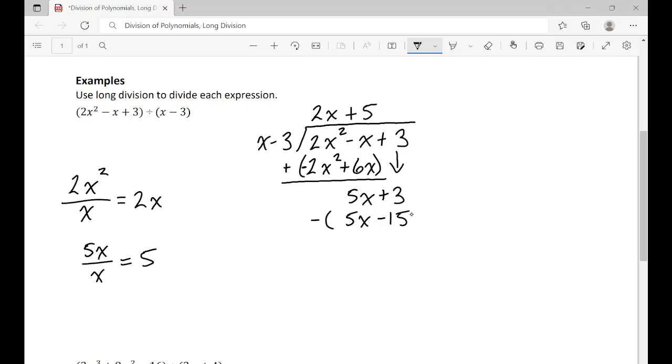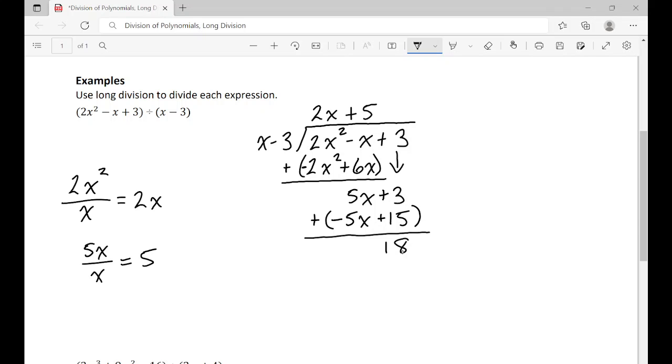And we're going to subtract, put parentheses in here. And another way to make this a little bit simpler is I'm just going to change this from a minus to a plus, and then change all the signs in here. So a positive 5x becomes a negative 5x, and a negative 15 becomes a positive 15. So 5x plus negative 5x is 0, so let's leave it blank. And then 3 plus 15 is 18.